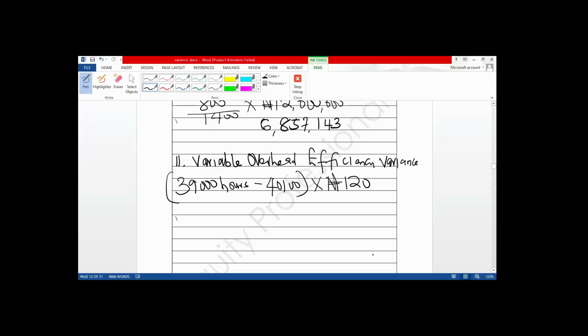If you work this out, you are going to have a negative sign. 39,000 minus 40,100, multiplied by 120, is 132,000 adverse. We are done with that.